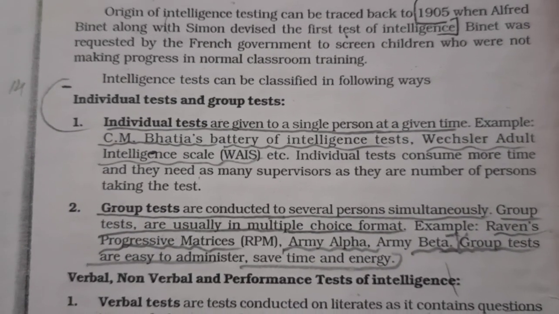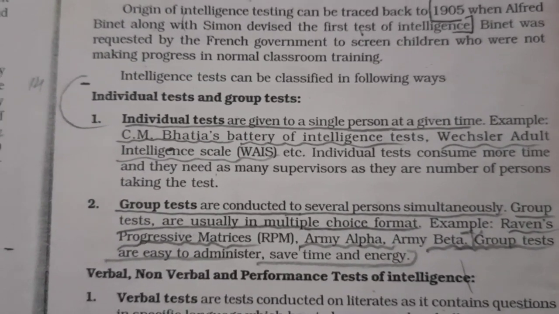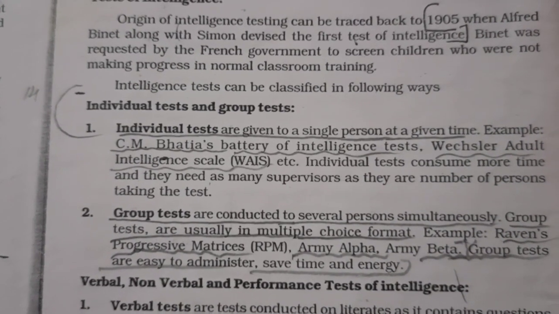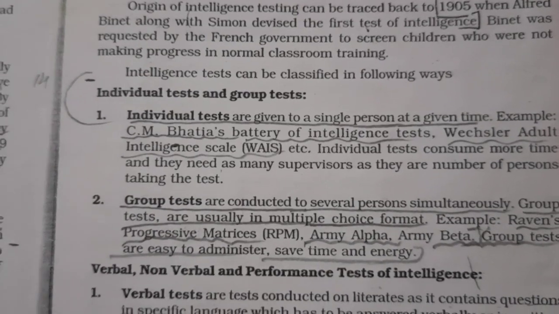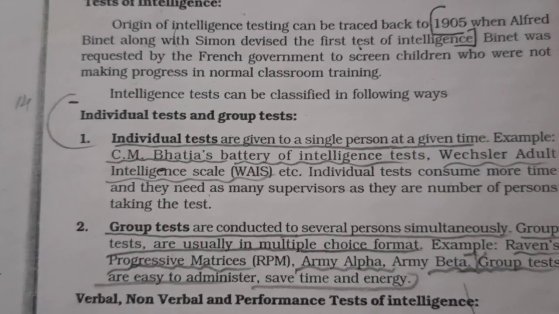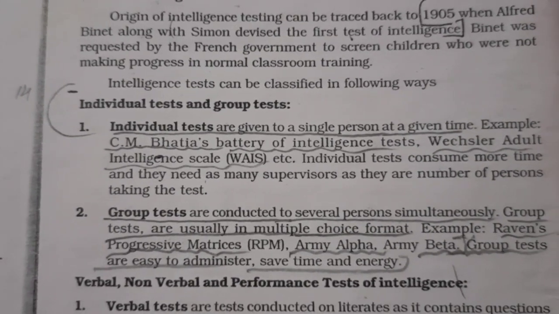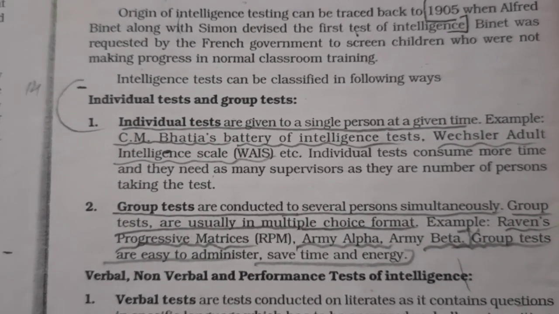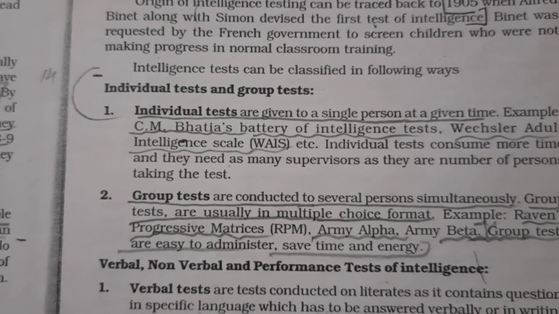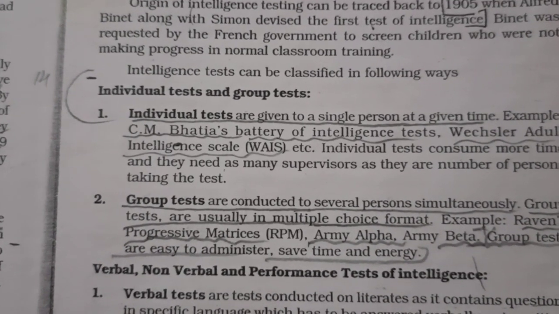So they have given examples like Raven's progressive matrices and Army Alpha. You don't have to worry about these, even though they sound very different and we don't know what they are. They are nothing but tests. For example, when you're walking on a street, some people may give you a form or a questionnaire and ask you to fill it.